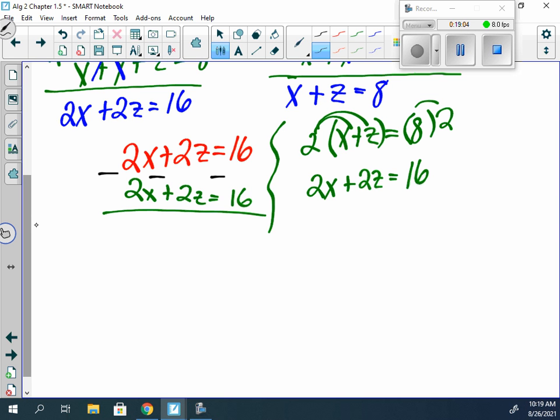Since the signs are the same, we would subtract. 2x minus 2x is, like we wanted, 0. 2z minus 2z. 16 minus 16.